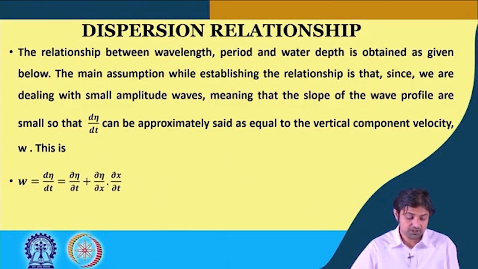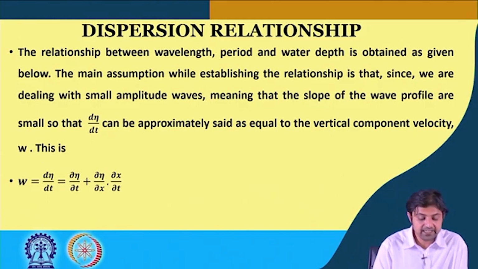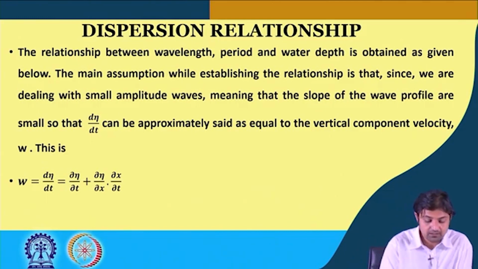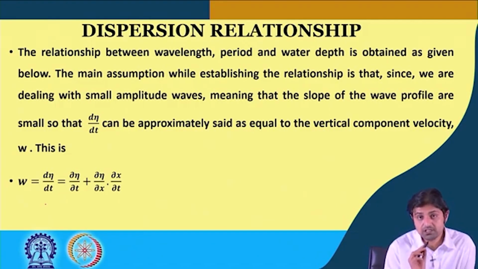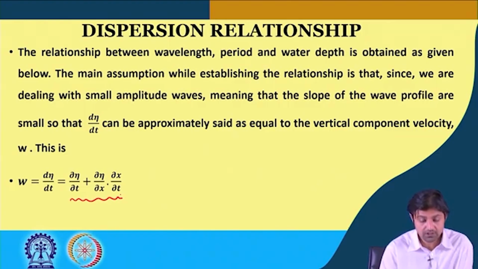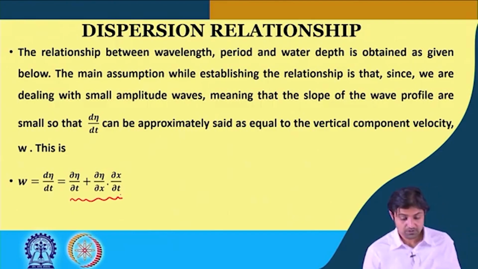So, w can be written as d eta dt, or in differential form del eta del t. See, w is del eta by del t, because that is the vertical velocity, correct, d eta dt. If you apply total differentiation, it will be del eta del t plus del eta del x into del x del t.